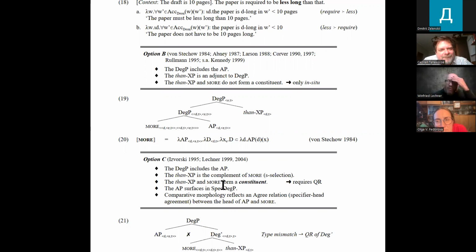What kind of head movement do you posit there? So head movement, either "long" to "-er" or "-er" to "long". They have to get together somehow. The question is whether one would like to derive the combination "longer" from head moving "long" to "-er", or one would like to do that in a different way.